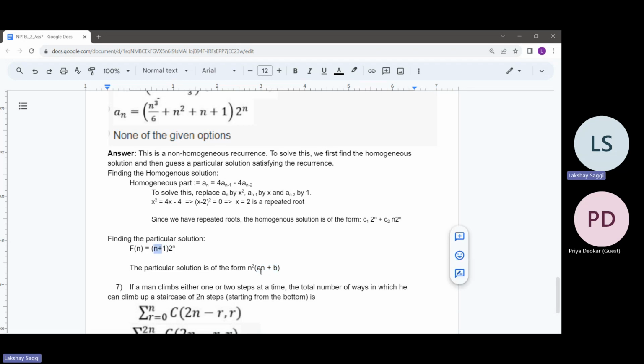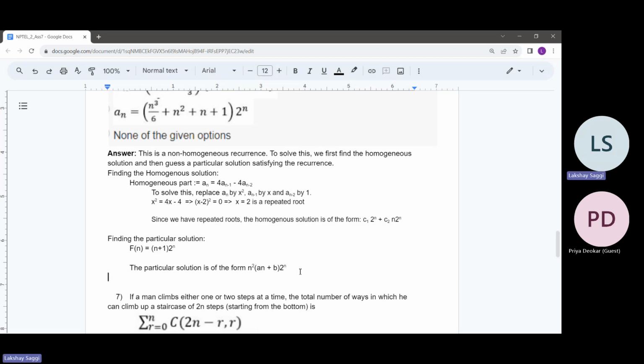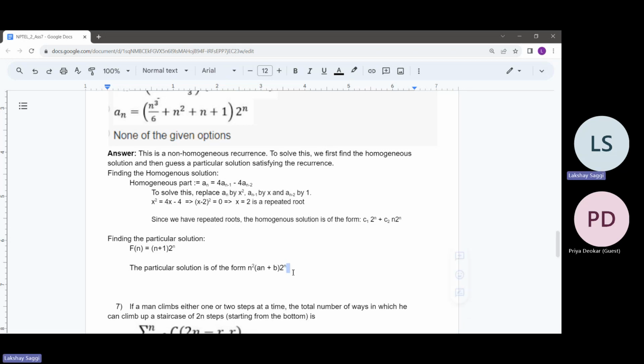So there will be a degree 1 polynomial, an plus b, multiplied by 2 raised to the power n. This is the form of the particular solution, which can be derived from the lectures.